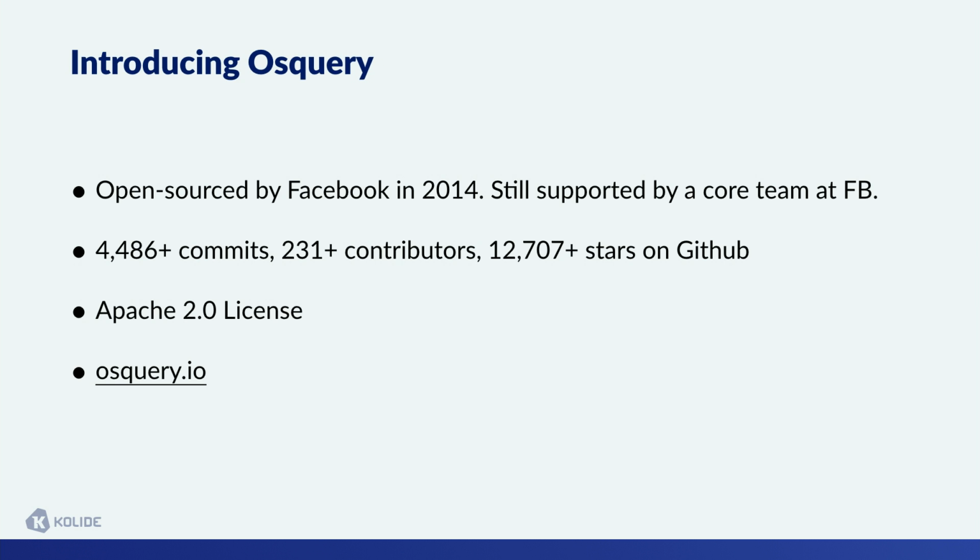And so Mike set forth to build this thing, and he luckily stumbled upon this really awesome analogy using SQL. What osquery does, which is really cool, is it takes your entire device and creates an analogy to a relational database.